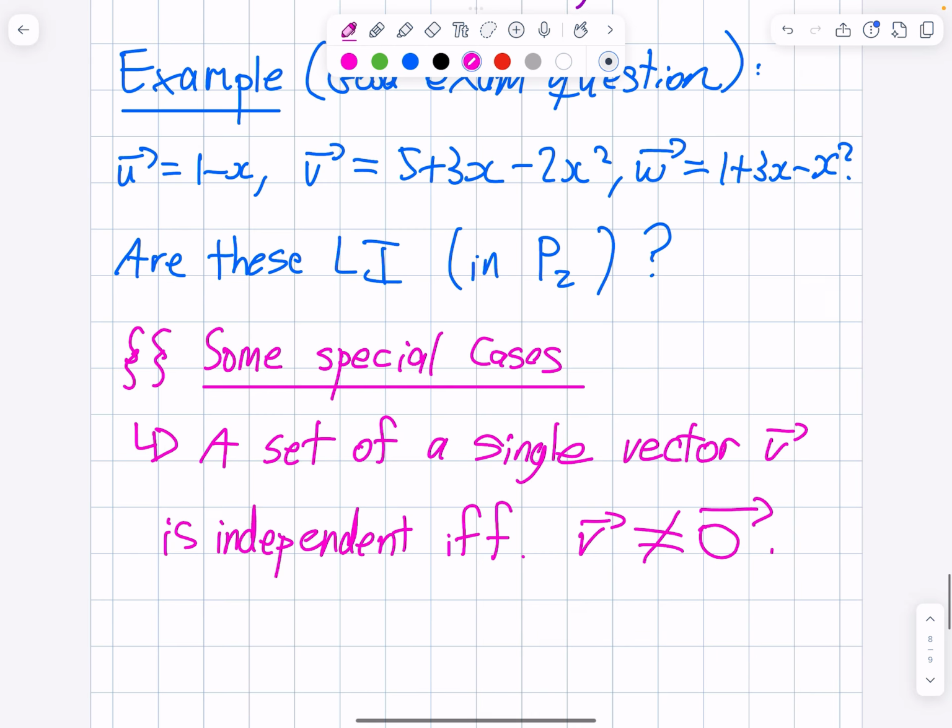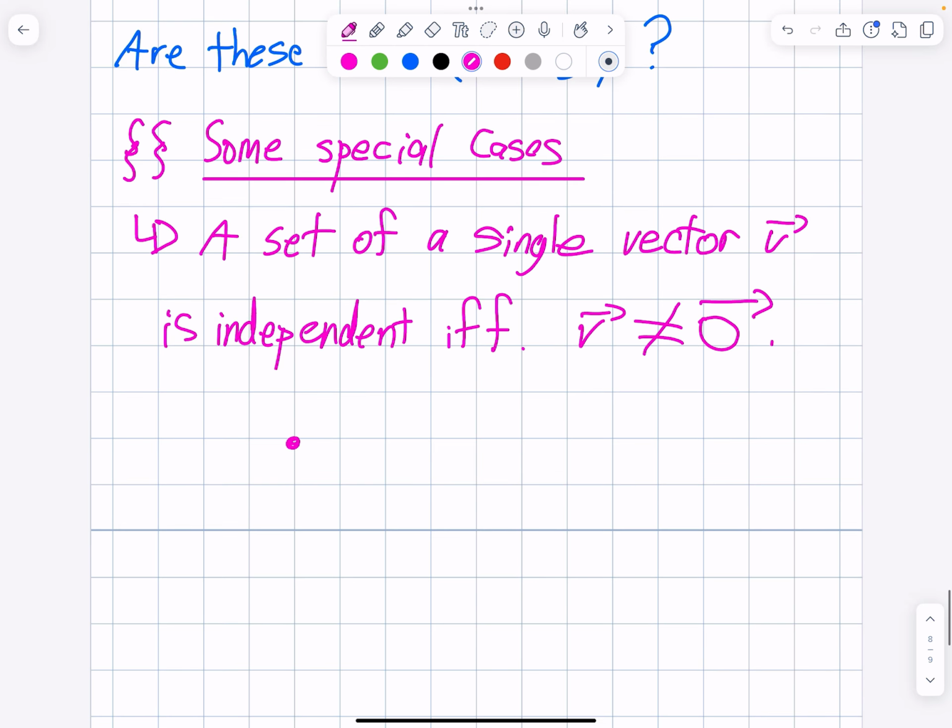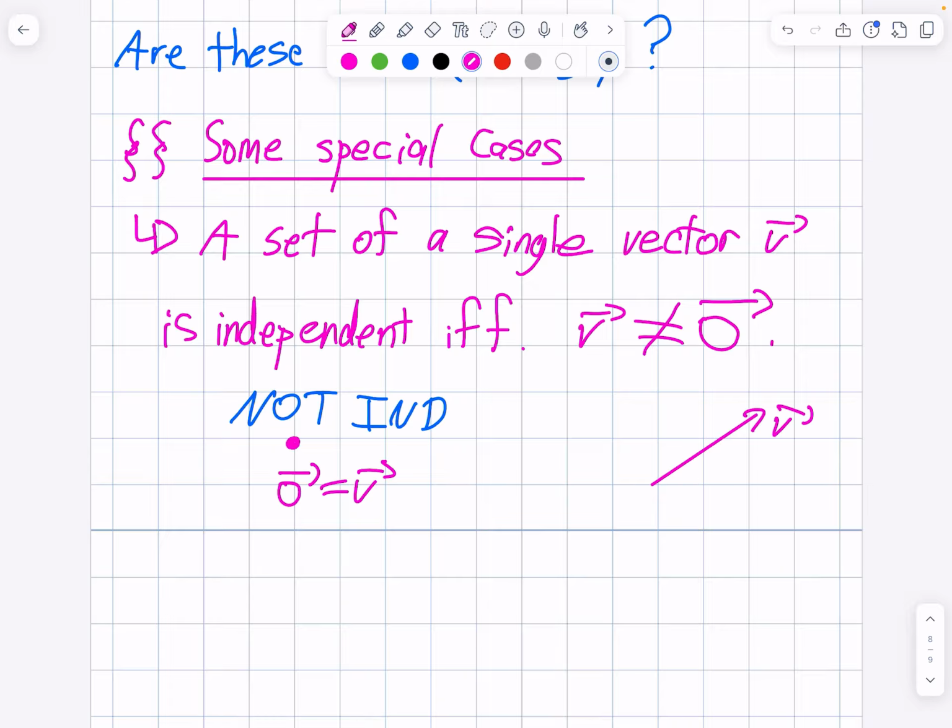Graphically, if it's the zero vector, this set is not independent. But if our set is just some non-zero vector, here's our v, then this set is independent. So that's when you only have a single vector to worry about, really not that hard.